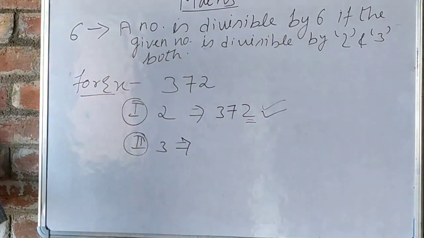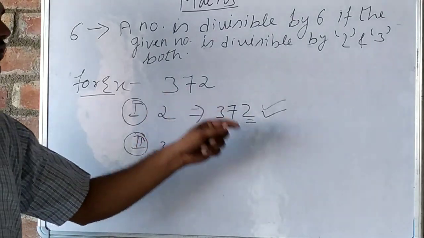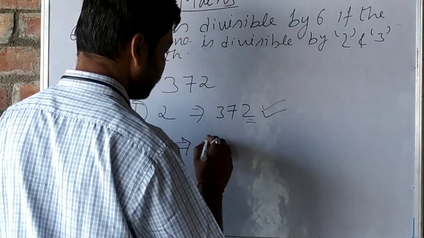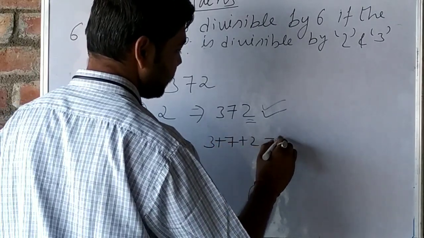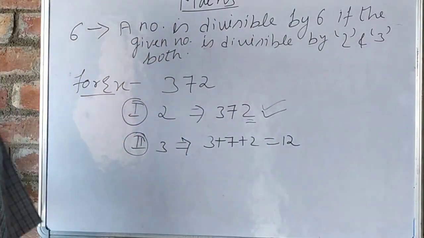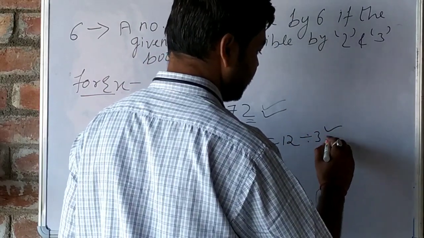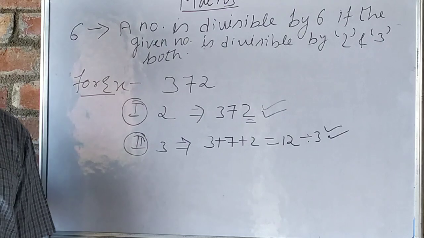372, we know that for the divisibility of 3, we have to sum the digits and then see whether it is divisible by 3 or not. So 3 plus 7 plus 2 will give us 12. And we know that 12 is divisible by 3. So now both the conditions are fulfilled.